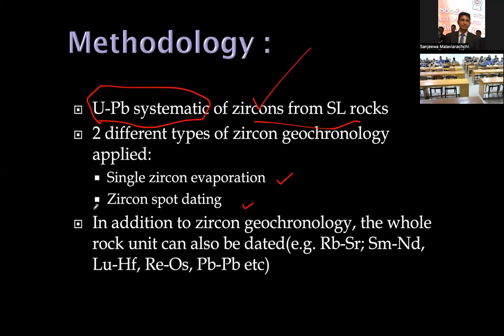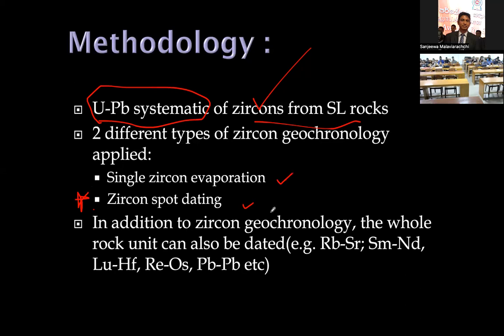But in the case of zircon spot dating, we don't have to do any dissolution. We can use the grain itself. Directly the grain can be used for dating. So this method is the most commonly applied method globally, and also for Sri Lanka, this has been applied extensively, right?